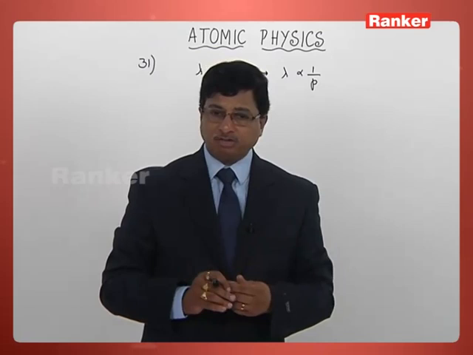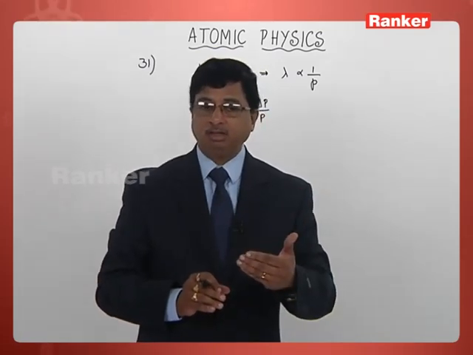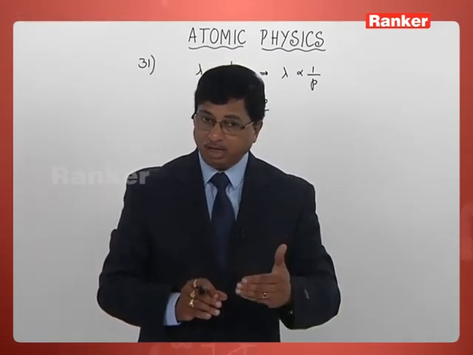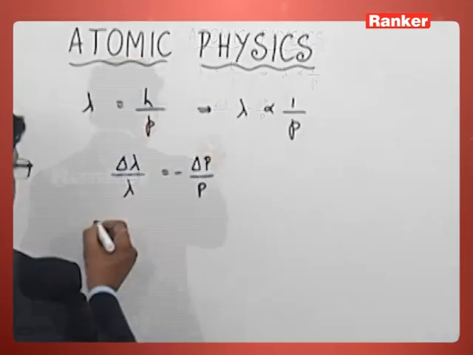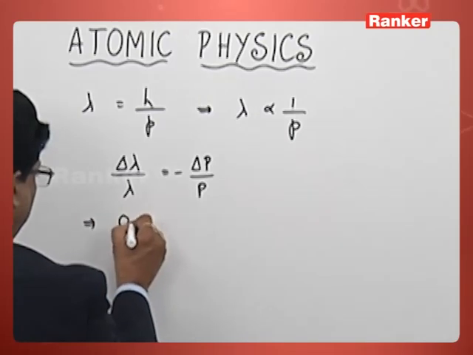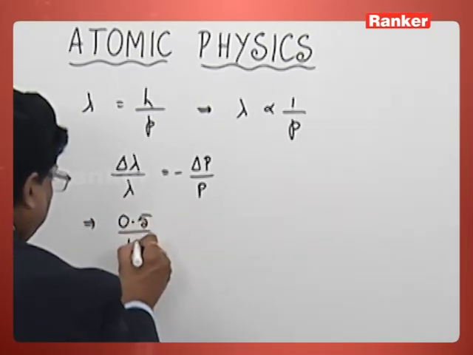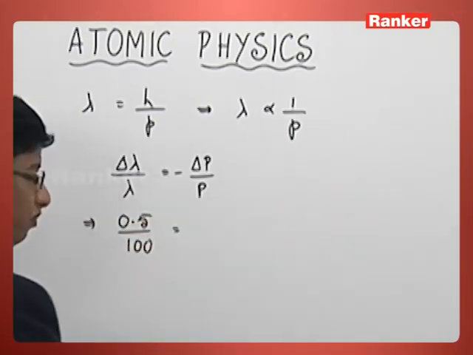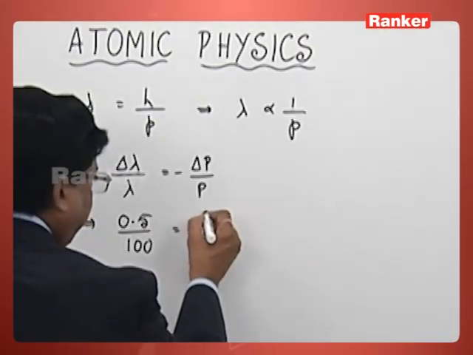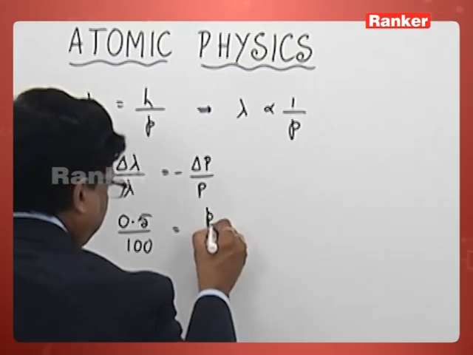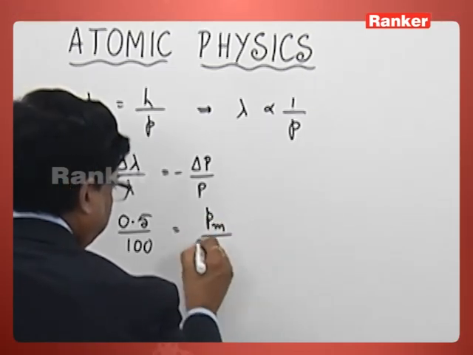So what we should understand is the de Broglie wavelength is changed by 0.5%. So you can directly write this value as 0.5%, that's 0.5 by 100. That now is going to be delta p, that is given as Pm, by p.